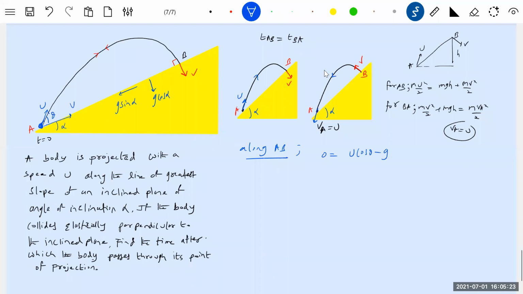If you resolve this, you're going to write it as U cos theta, U sin theta. So U cos theta minus g sin alpha T_AB. Therefore, I'll write T_AB equal to T. It will save a lot of time.